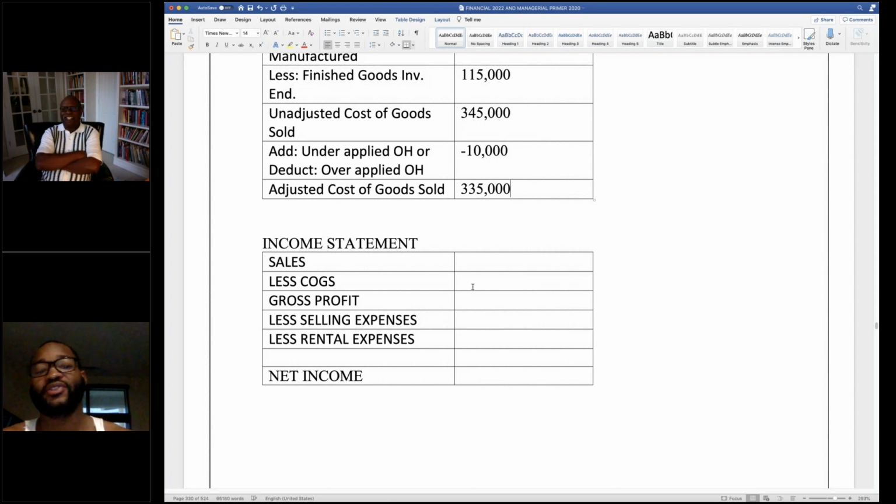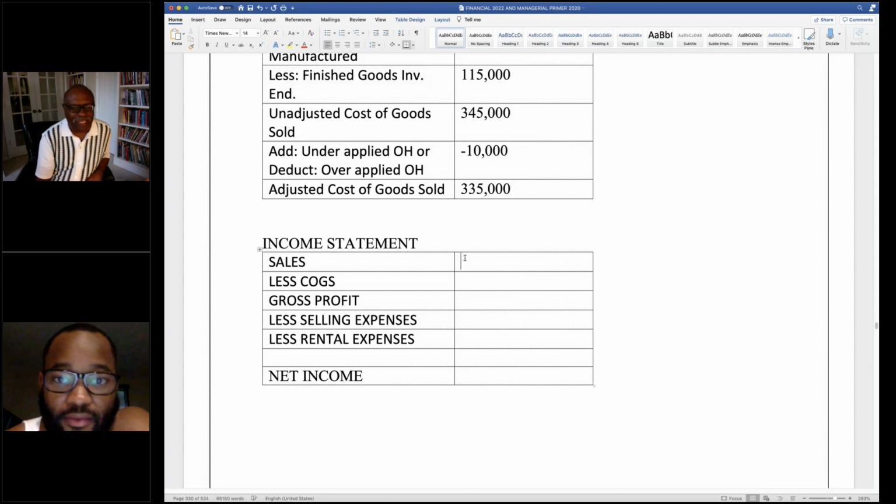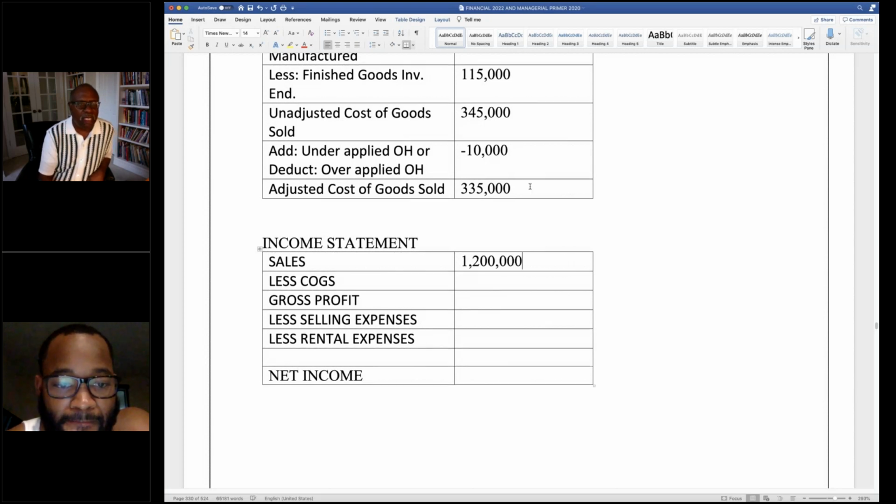Should be able to. I hope so. Just in case, sales is what? 1,200,000,000. We bring down this adjusted cost of goods sold.